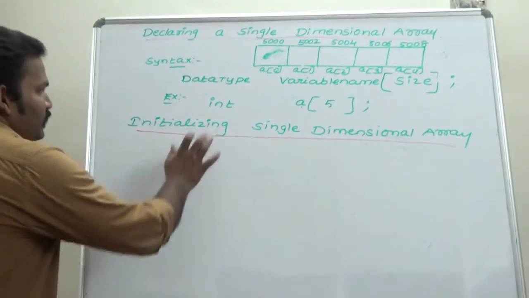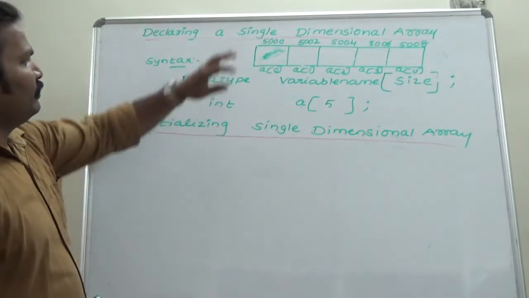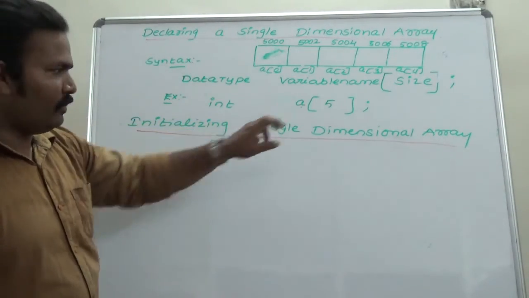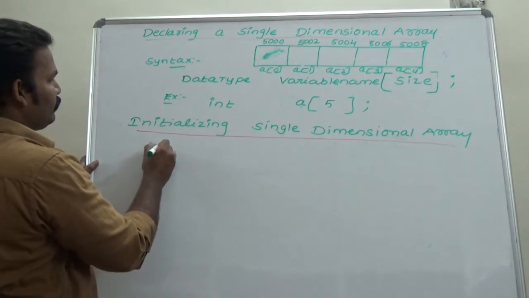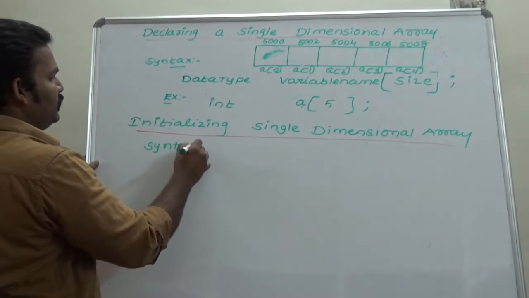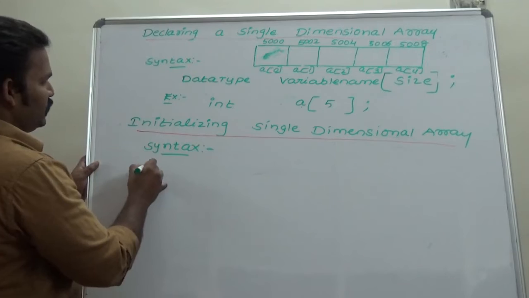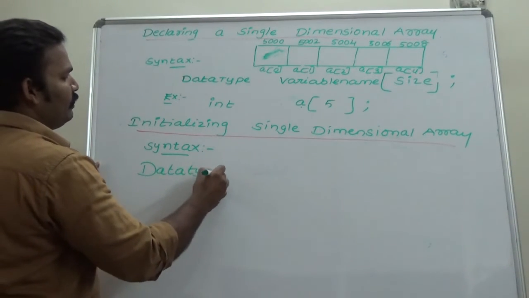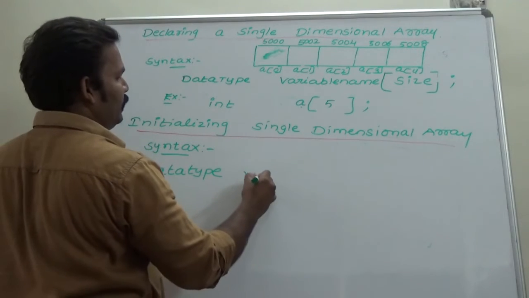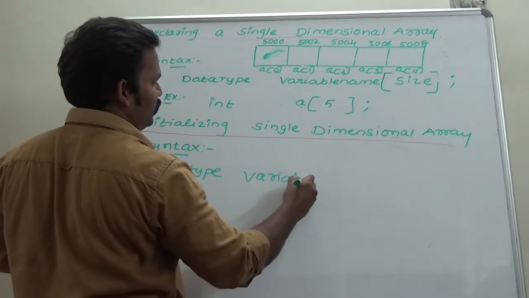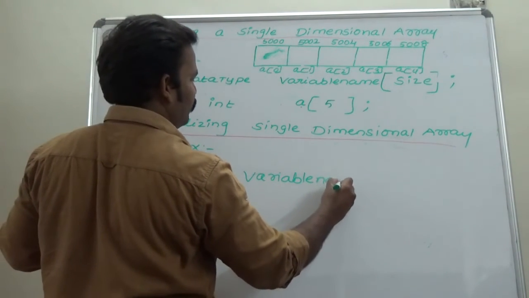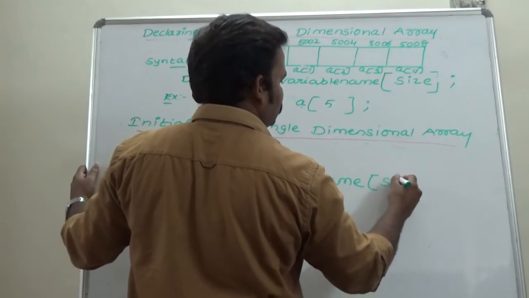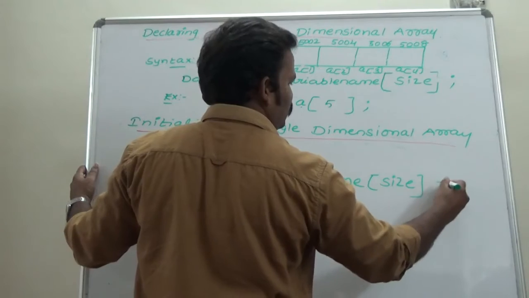Initializing a single dimensional array. Now I want to assign some elements to an array. Syntax: data type, variable name, size, is equals to.